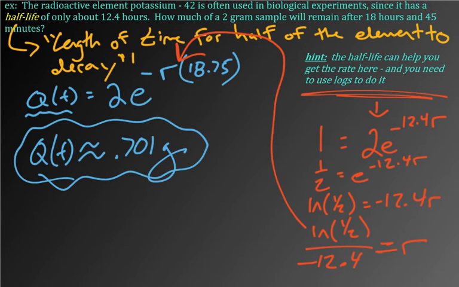And you could even do better because half of it should be gone after 12.4 hours, right? So if you're going more than the half-life, 18 hours and 45 minutes, then you should have less than 1 gram, because you get 1 gram after its half-life. But if you go more than it, you should have less than 1. So that's it. That's the way that we can do a decay problem.